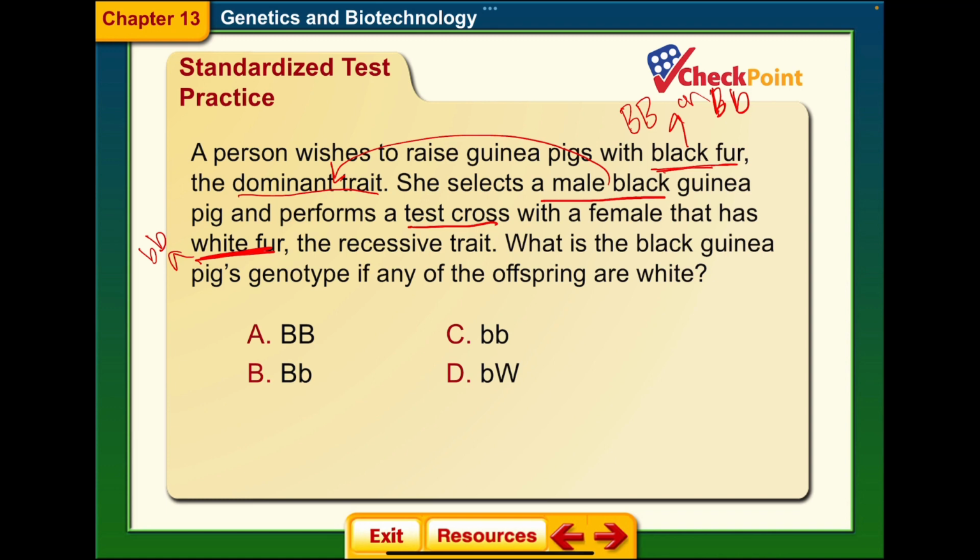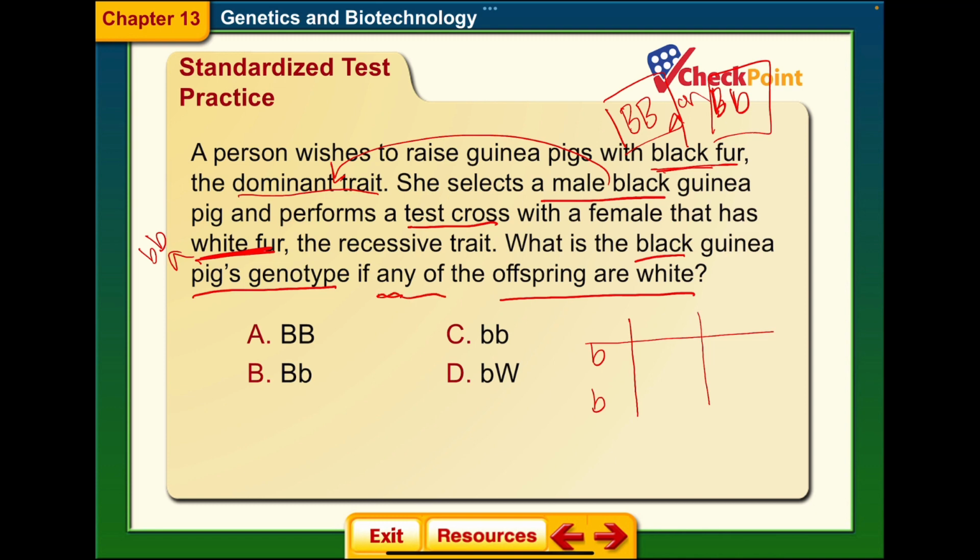Now she says, we want to know the genotype of this black pig if any of the offspring are white. So once we did the cross between the parents, we had offspring that were white.